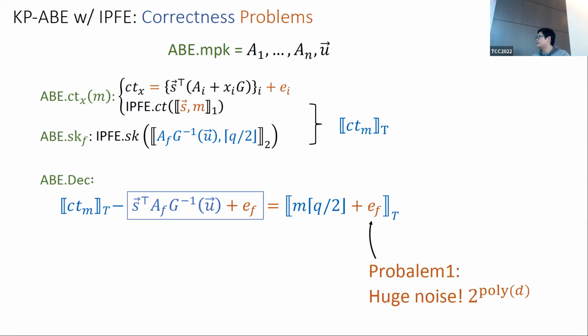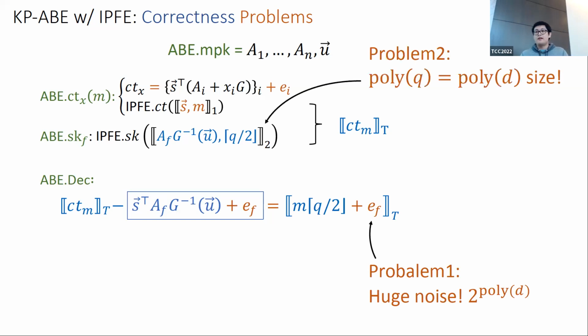The first correctness problem is that this EF noise is huge. It's exponential in D, and so we cannot do discrete log efficiently. Another efficiency problem is that the modulus Q, because of the large noise, is also huge, giving us a large ciphertext size of a polynomial in D.